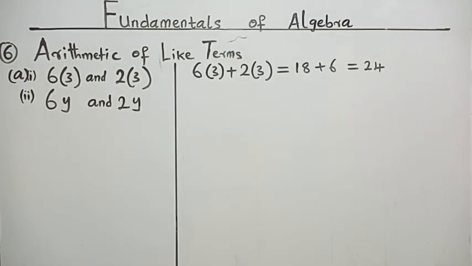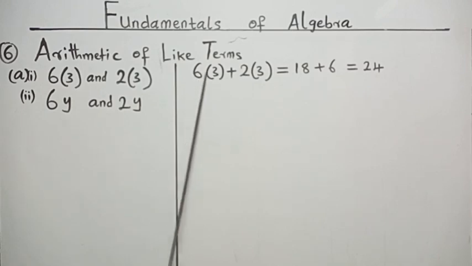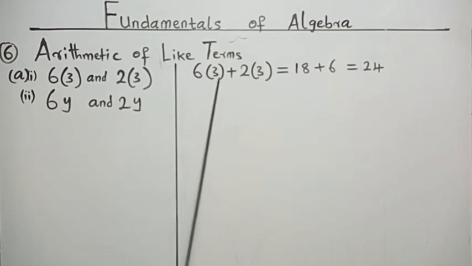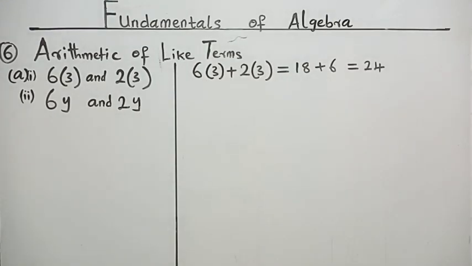Now look at the first addition of these two number operations, which we regard as like terms. I want to add 6 bracket 3 to 2 bracket 3. See it happen here. 6 bracket 3 plus 2 bracket 3 by default means add what you get here to what you get here. 6 bracket 3 means 6 threes, and 6 threes is 18. 2 bracket 3 means 2 threes, and 2 threes is 6.